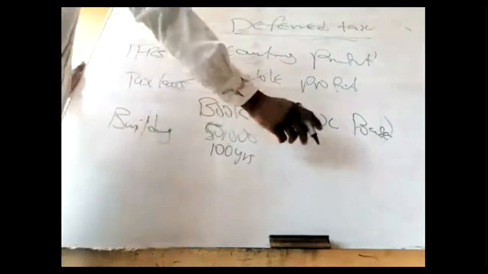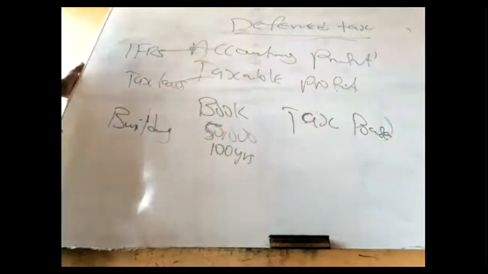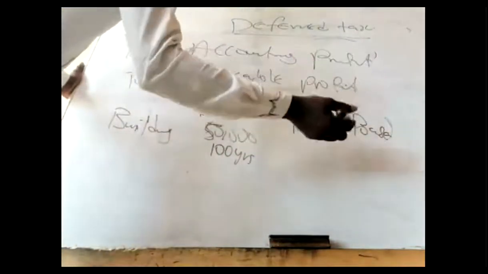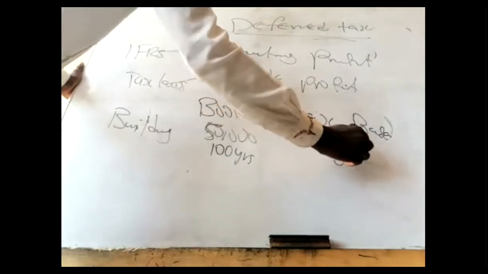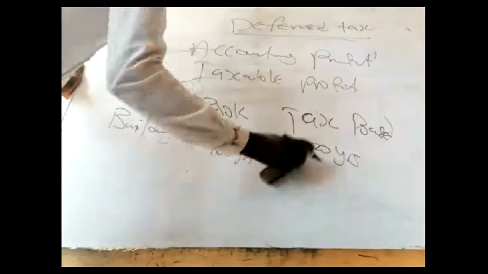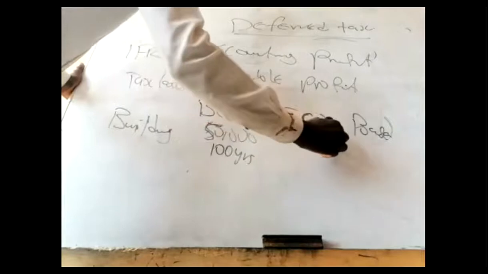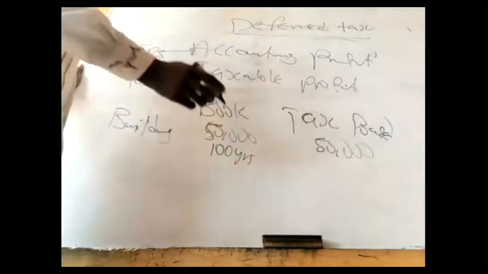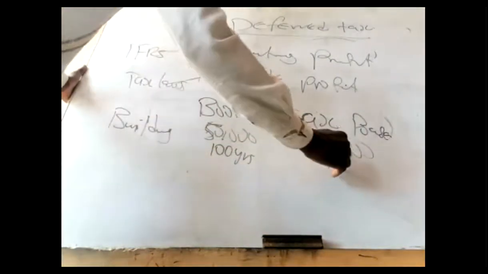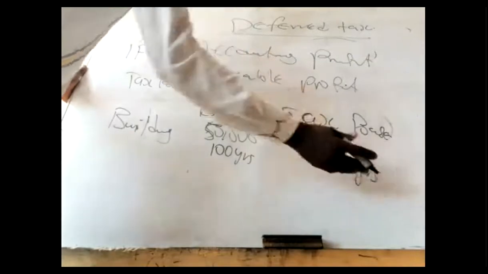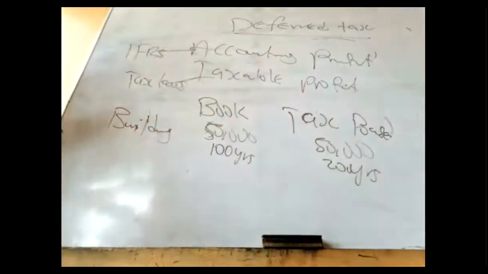But the tax system says no way, this building can't go beyond that. Maximum that we can give is 20 years. Maximum. So they will accept the cost all right. They will see that building all right. But the years will be just 20 years, which will affect the values, your depreciation value.